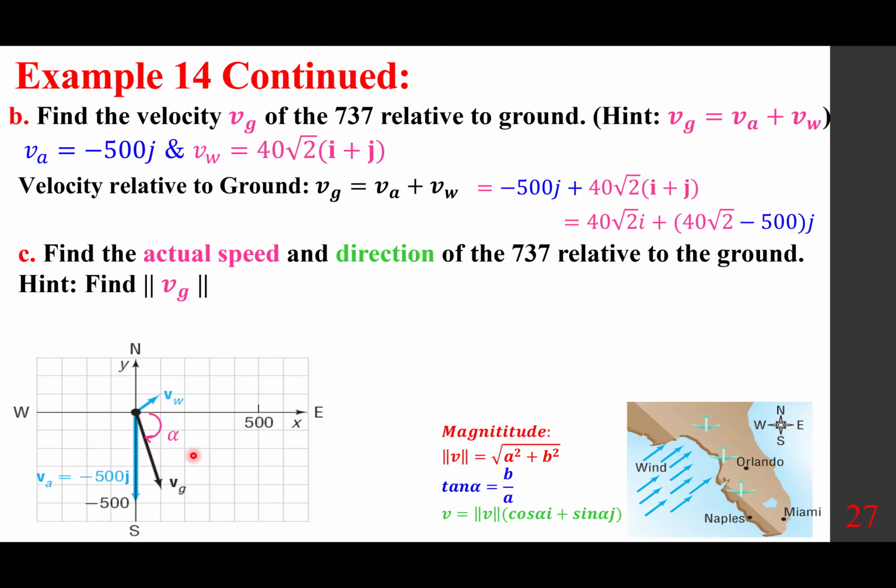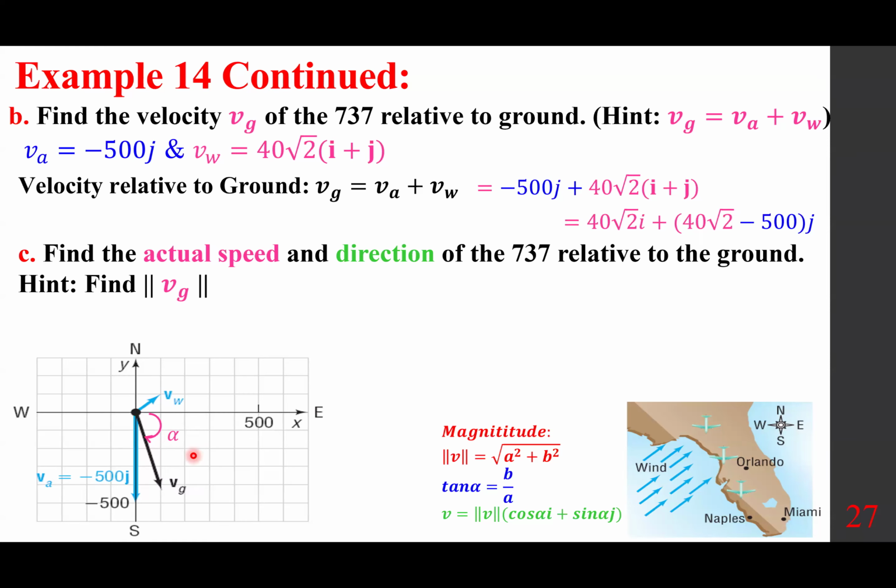So it's very straightforward. A quick recap. We find V sub A with its components, the same thing for V sub W, because the speed is given for the aircraft as well as the fact that it's going due south. The wind's speed is 80 miles per hour going northeastern, and so we can figure out V sub W using this methodology.